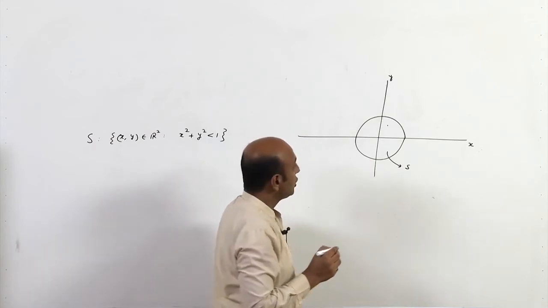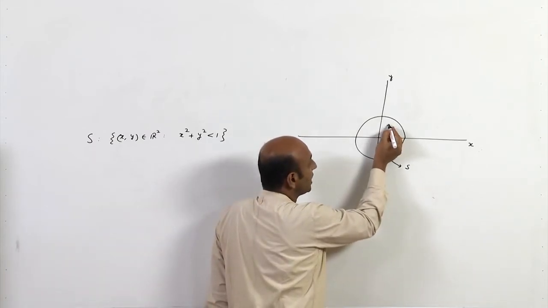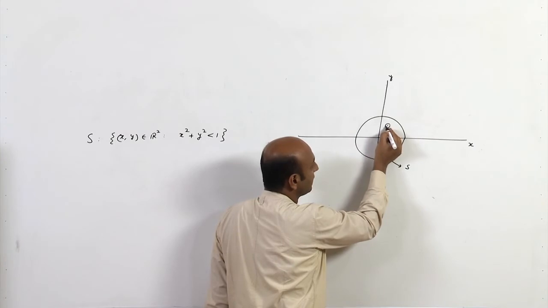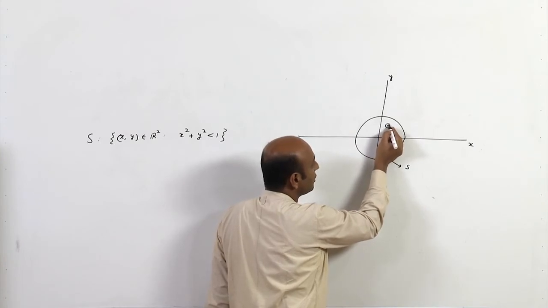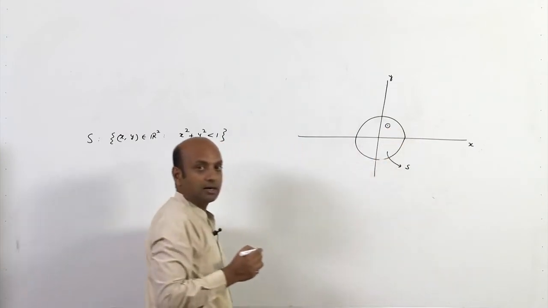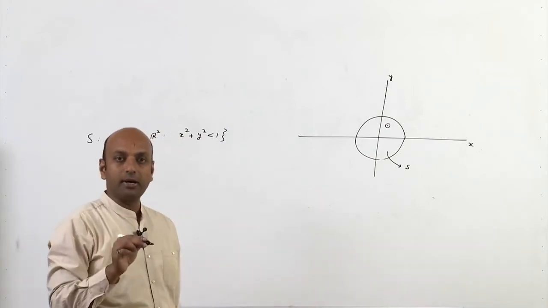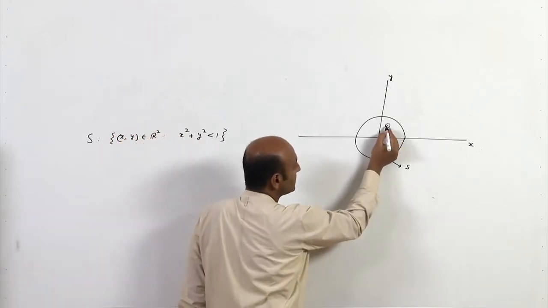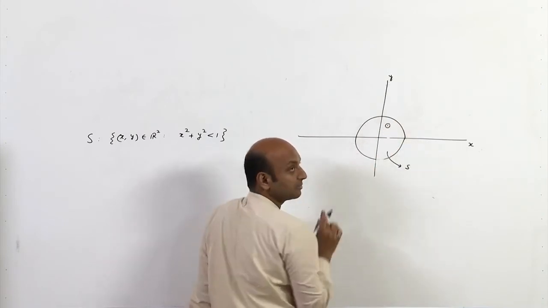Now, there will always exist a disk centered at this point. Disk means circle, you can say. You can always draw a disk centered at this point such that this disk lies totally inside this region.